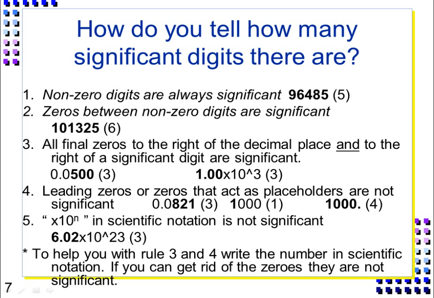There are 3 sig figs there, so this whole number in scientific notation is only 3 sig figs. Remember that if you are debating how many sig figs a number has, you can always convert that number into scientific notation, and that way it'll help you remember, oh yeah, the times 10 raised to a power part is not significant. So it'll help you figure out how to get rid of zeros that are not significant zeros.